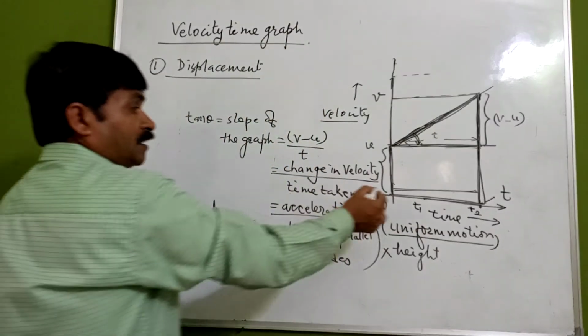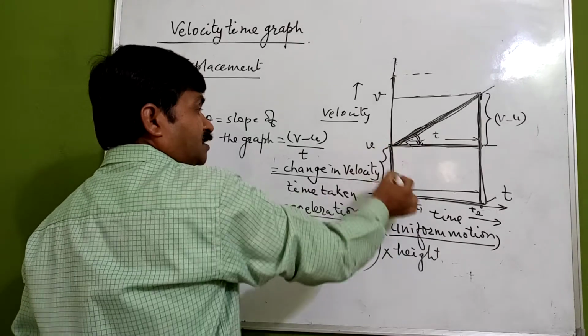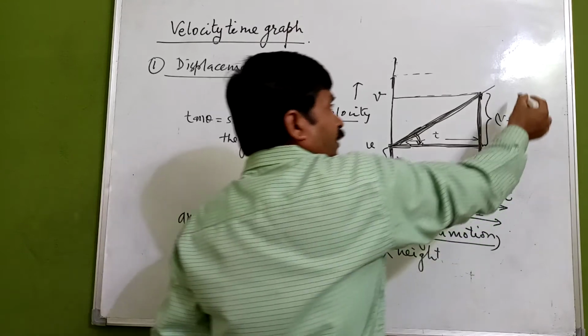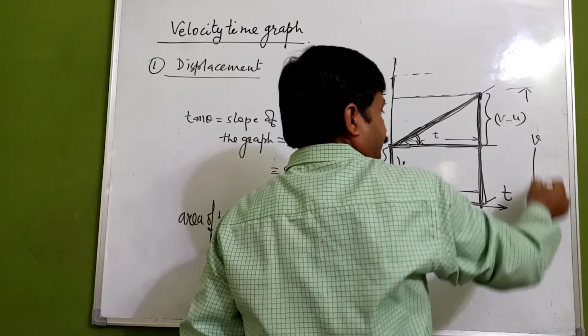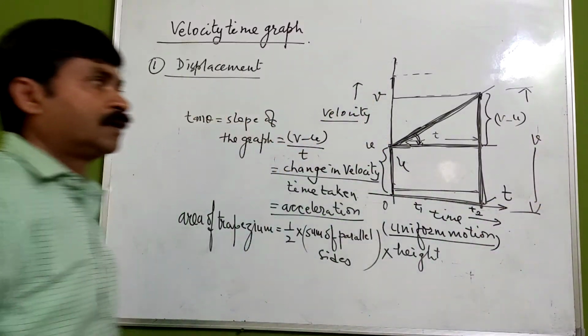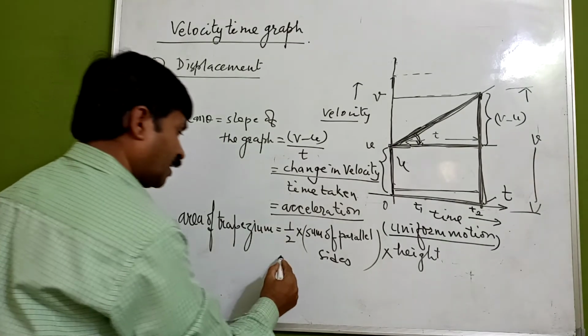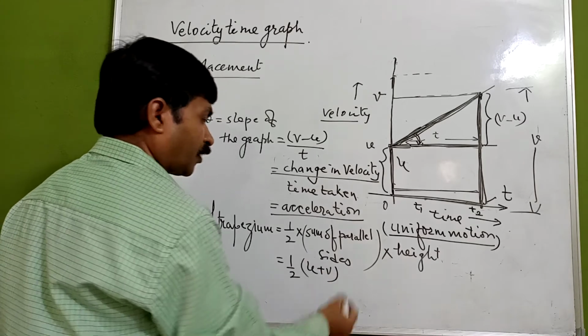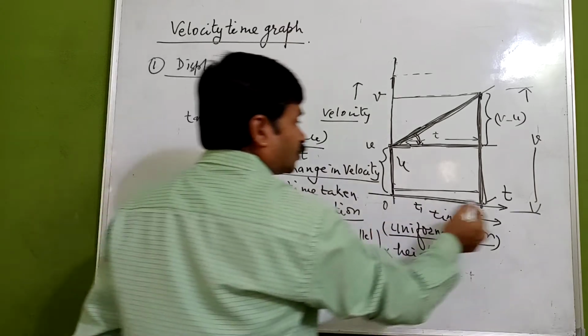Now sum of the parallel sides, this is from 0 to u, means this is u, and if we talk about this whole, it is going to be v. Okay, so here we are getting 1/2 (u plus v) into height, that is going to be 0 to t.